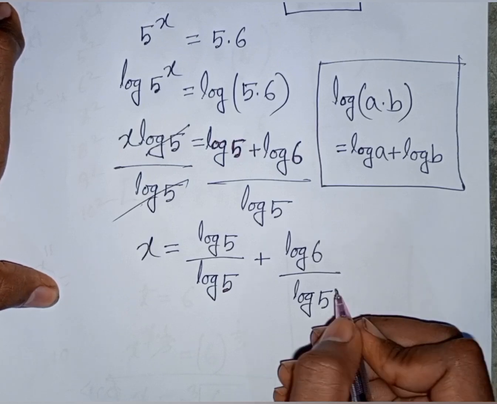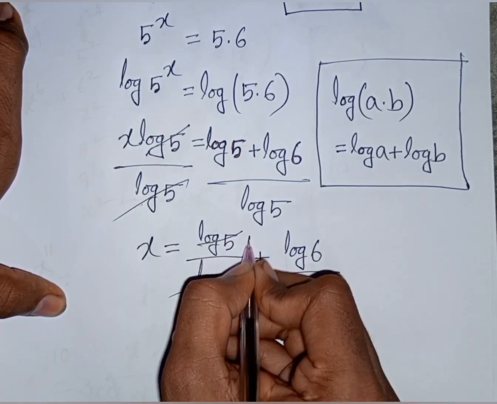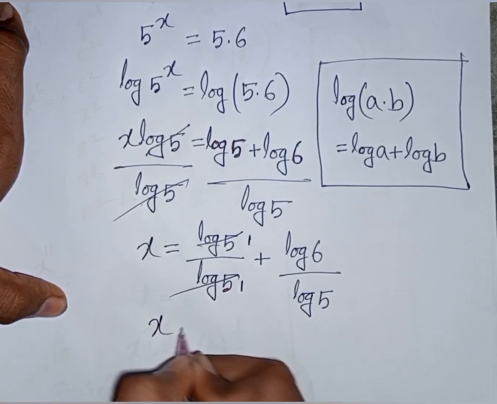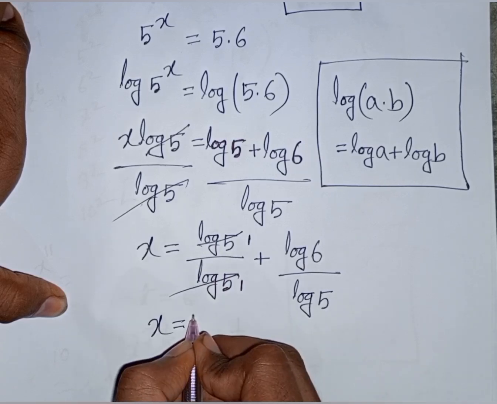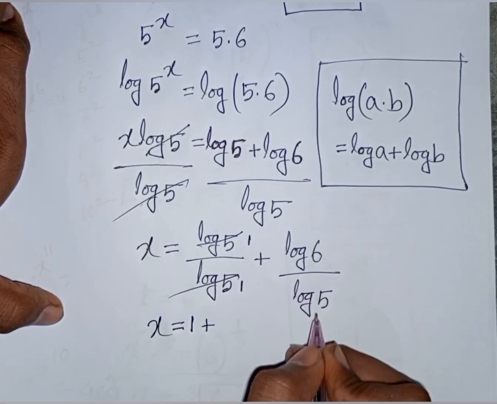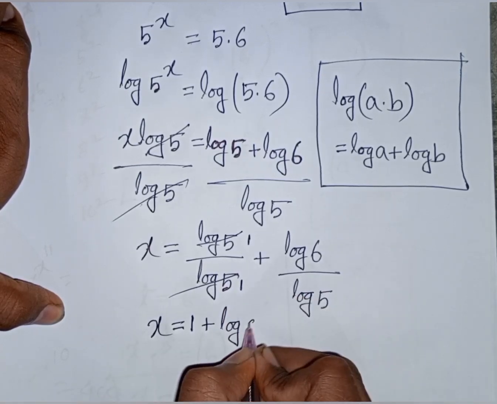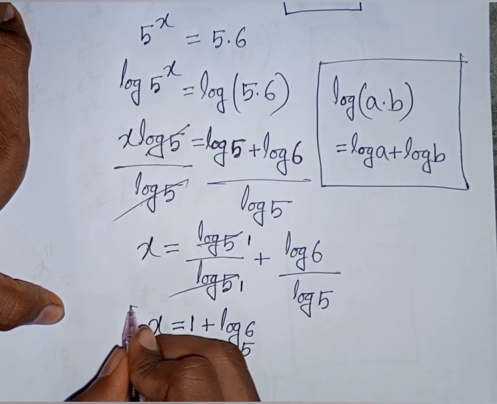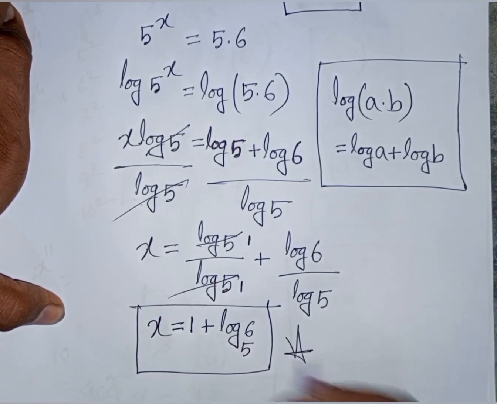Now this log 5 over log 5 will be cancelled, so we can write x is equal to 1 plus log 6 divided by log 5, that means it will be 1 plus log 6 base 5. So this is the value of x, so this is our final answer.